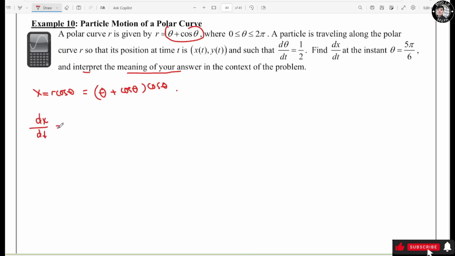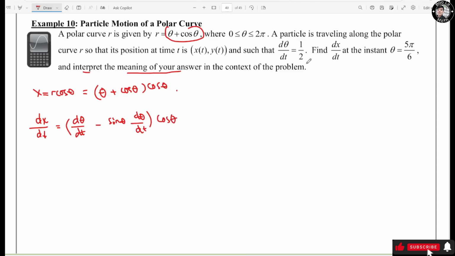I'm going to use the product rule u times v. The derivative of this one is going to be d theta over dt minus sine theta d theta over dt, times cosine theta.